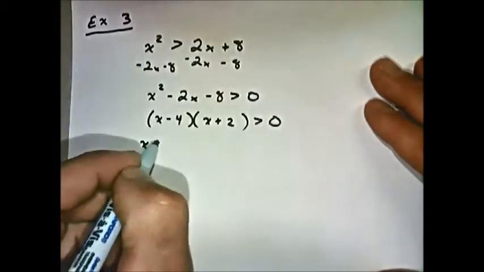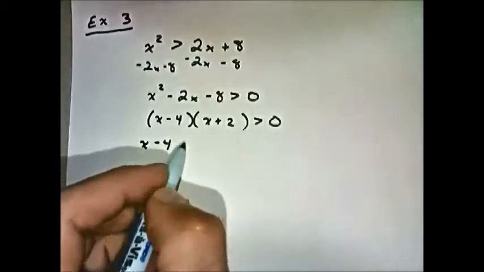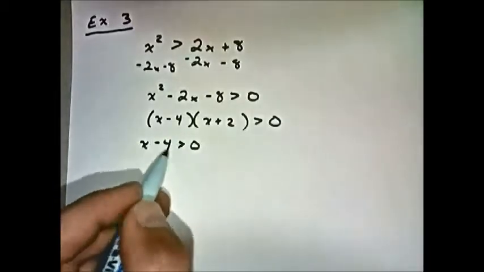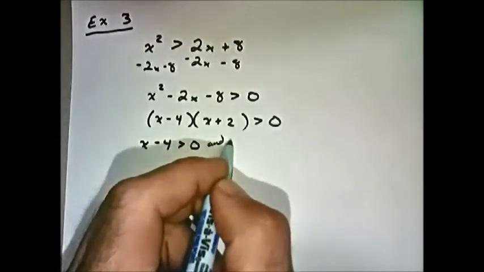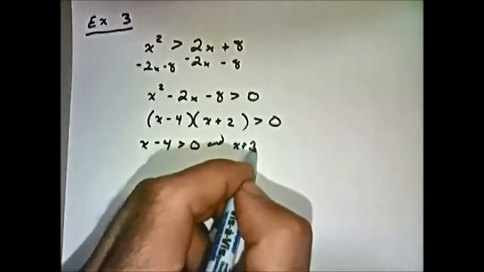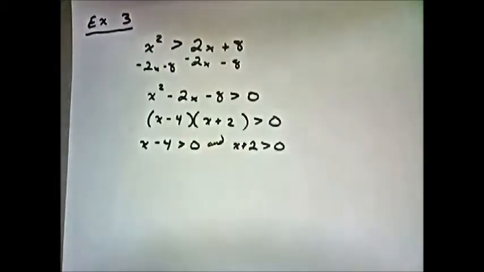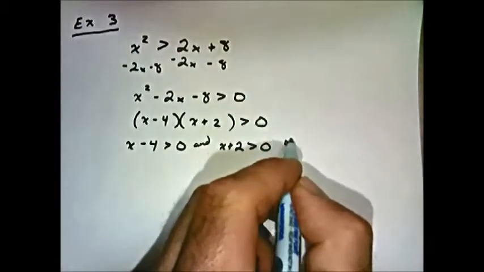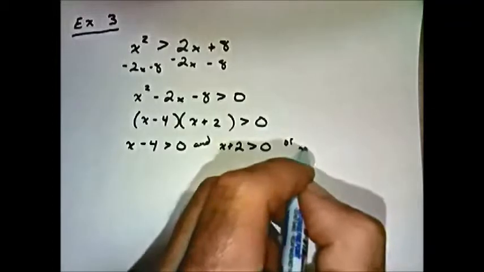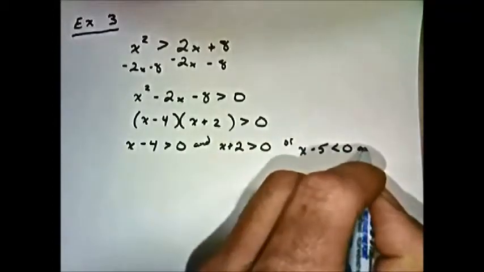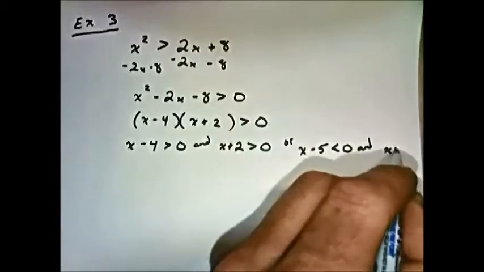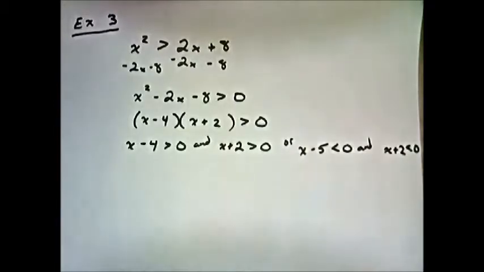Taking x minus 4 being greater than 0, that means this is positive. Then x plus 2 also has to be greater than 0. Or we could have x minus 4 is less than 0 and x plus 2 is less than 0.